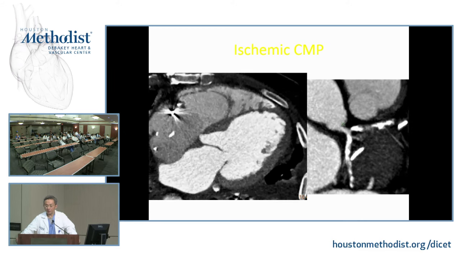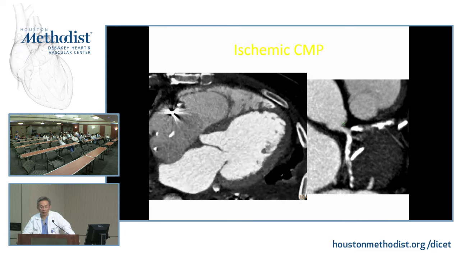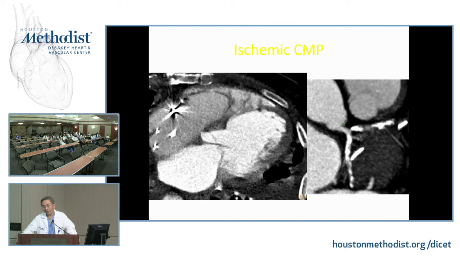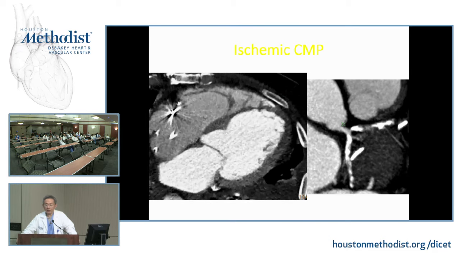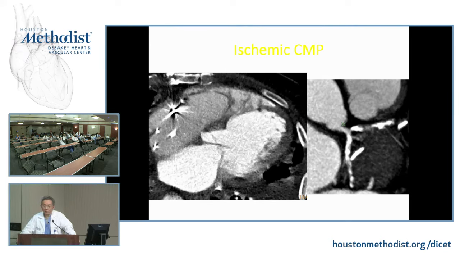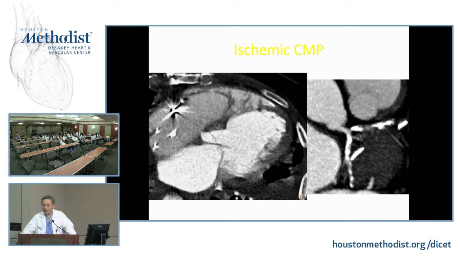In the old days with retrospective gating, you got 20 to 25 millisievert, and adding another 3 millisievert made it 25 versus 28. Now we're doing flash scans with less than 1 millisievert, or most of the time prospective with 3 millisievert, and adding another 3 millisievert sounds a little excessive.